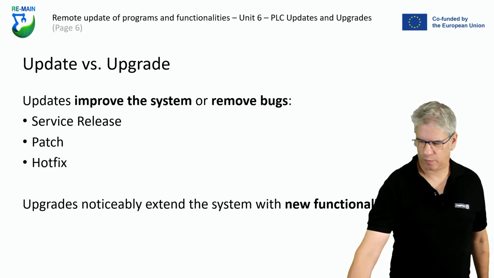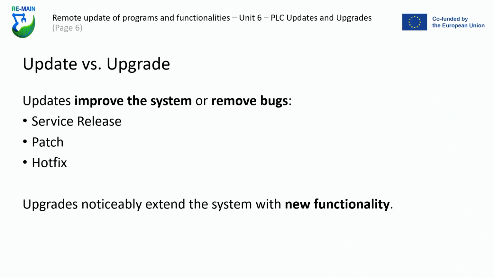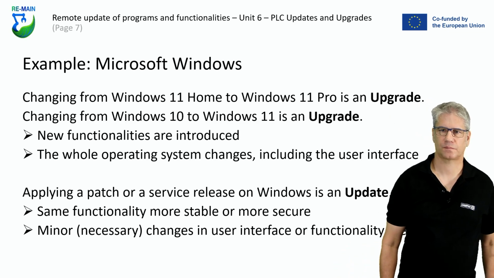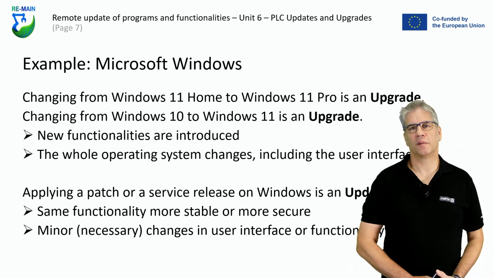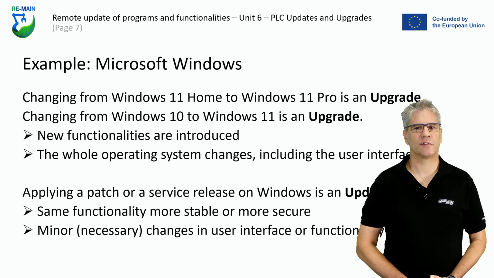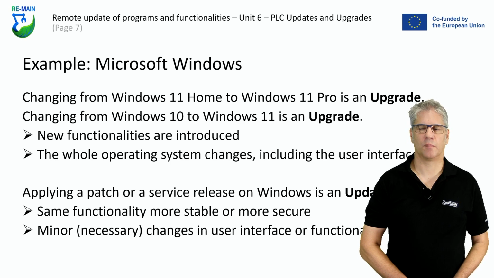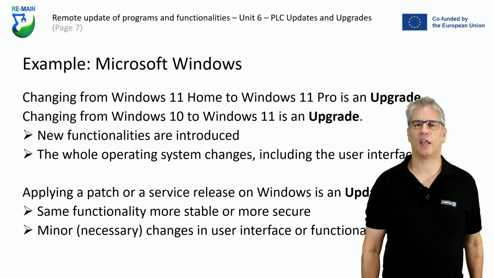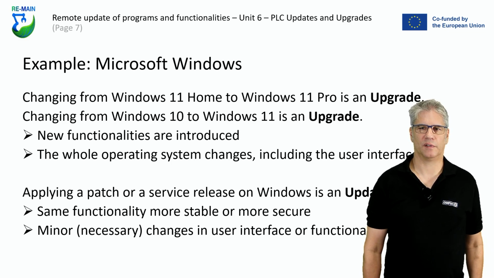This is different when we talk about upgrades. They really extend the system with some new functionality. As an example that most of you will know, Microsoft Windows. If you change from Windows 11 Home Edition to Windows 11 Pro Edition, this is an upgrade because it includes a lot of new functionalities and a lot of extras that are not available in the Home Edition.